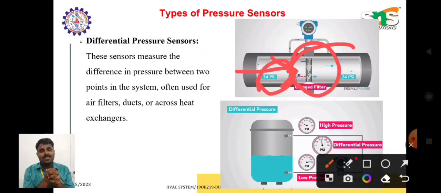Suppose the difference is low, the filter is working perfectly. Suppose the difference increases, it denotes the filter has a certain amount of dust accumulated, so we have to clean the filter. And if the pressure difference increases again, it denotes we have to replace the filter.